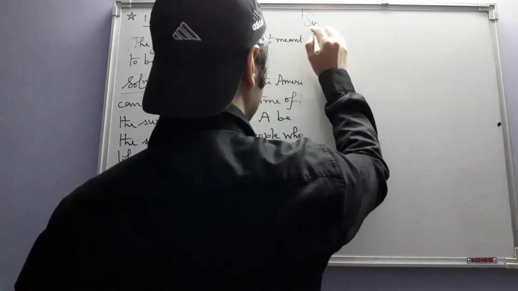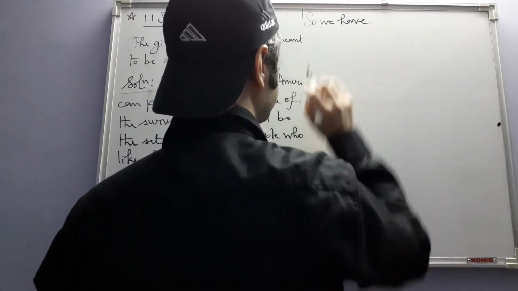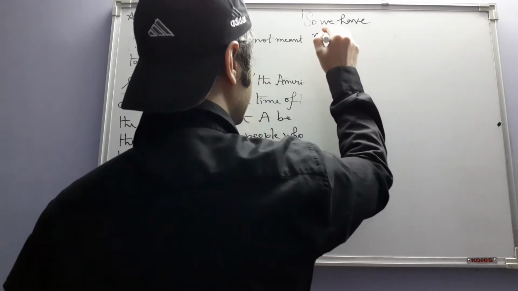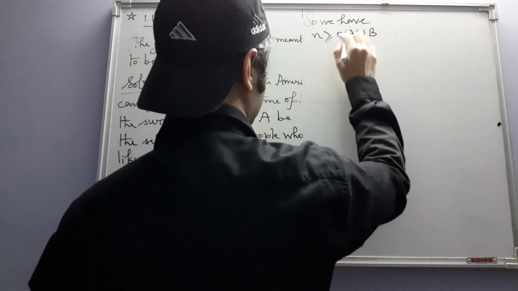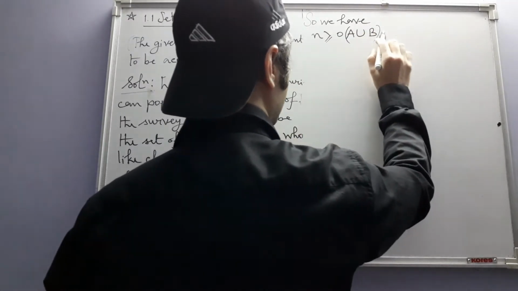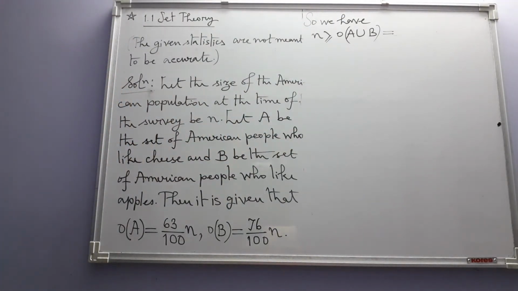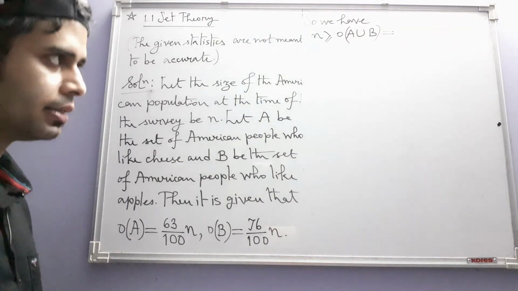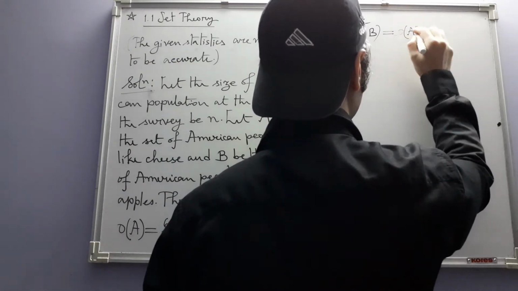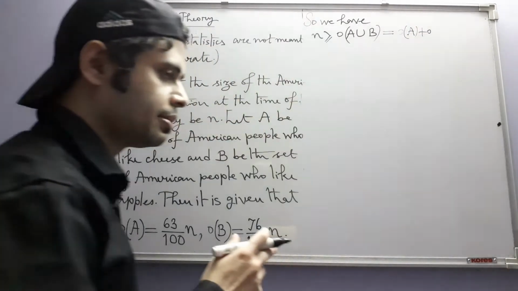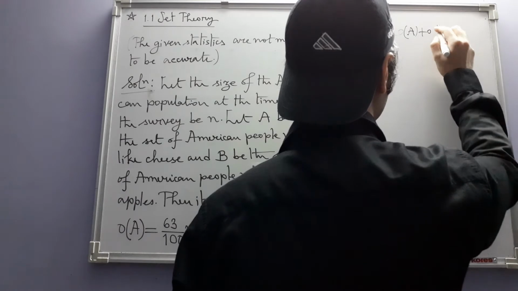So we have n is greater than or equal to order of A union B. Okay. And by the fifth exercise that we have done in the previous video, we know that this is equal to order of A plus order of B minus order of A intersection B. Order just means number of elements, nothing else.